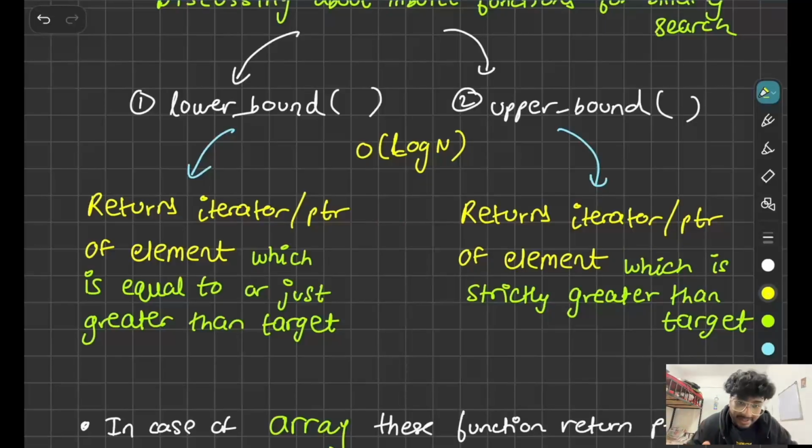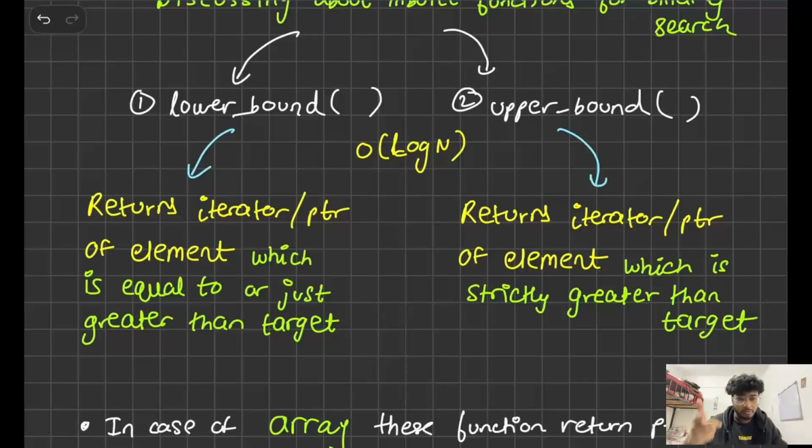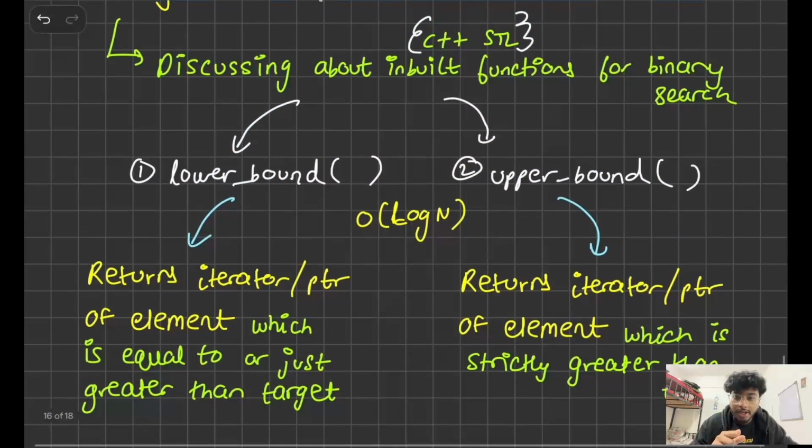And for these functions to be used correctly, we need our array or any container, vector, set, anything, to be sorted. We can only use these functions if the data structure is sorted.